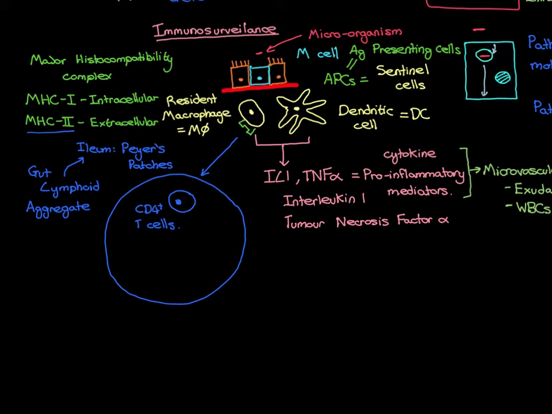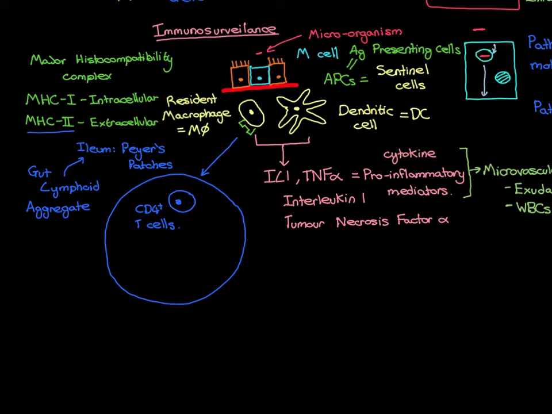However, they double check it with the adaptive immune system, so they still chop up the commensal. They chop up all its proteins into little peptide fragments and present these on MHC class 2 because it's an extracellular microorganism. And they then go to the gut lymphoid aggregates to present these peptide fragments to CD4 positive T cells.